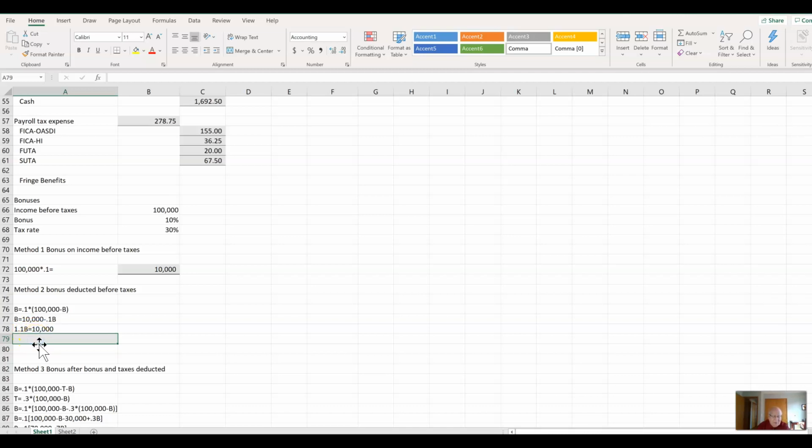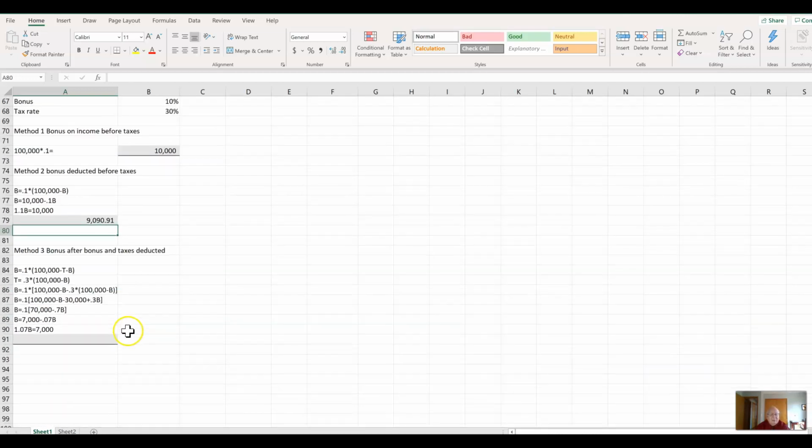Divide both sides by 1.1. So you'd have B equal to 10,000 divided by 1.1. So you'd receive $9,090.91. Now this is before the taxes, I mean, you're taking out.